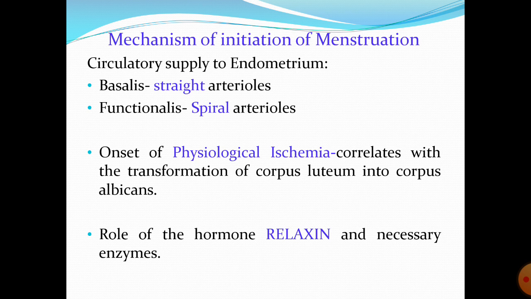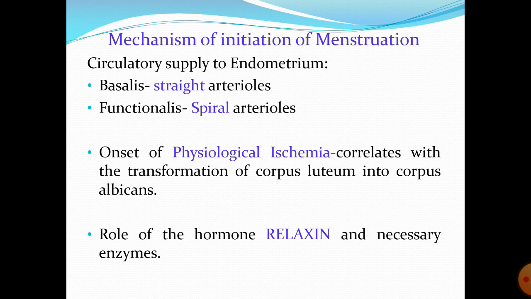The superficial compacta is situated distal to the spongiosa and named so because of its compact arrangement. Underlying the compacta is the spongiosa, in which uterine glands are situated. This layer is also highly vascularized.